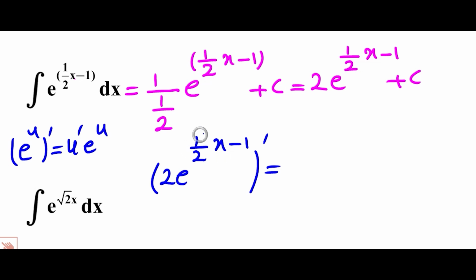So we have the derivative of 1 half x minus 1, according to this formula, u prime equals 1 half, times 2, times e to the u, e to the 1 half x minus 1. So 1 half times 2 equals 1. So the derivative of 2e to the 1 half x minus 1 equals e to the 1 half x minus 1.